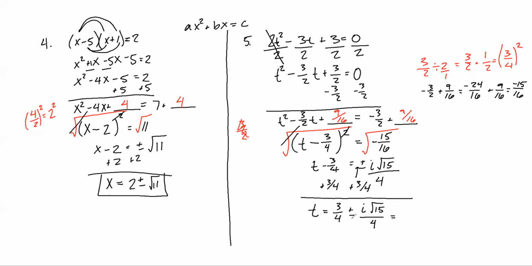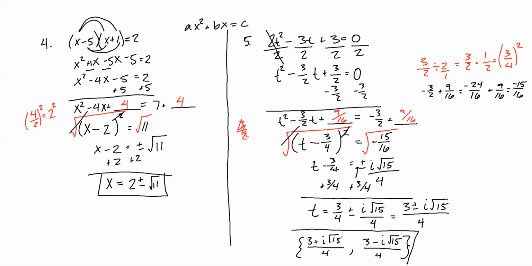We already have a common denominator, so it'll be 3 plus or minus i square root of 15 all over 4. And so our two solutions are 3 plus i square root of 15 over 4, and then 3 minus i square root of 15 all over 4.